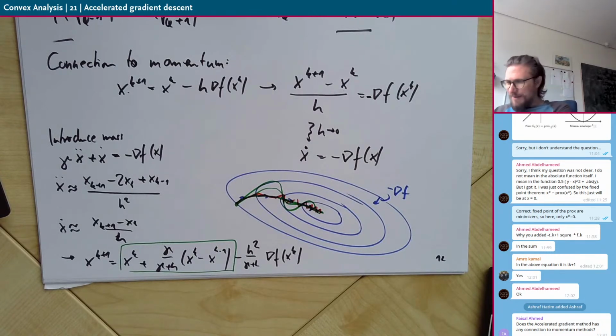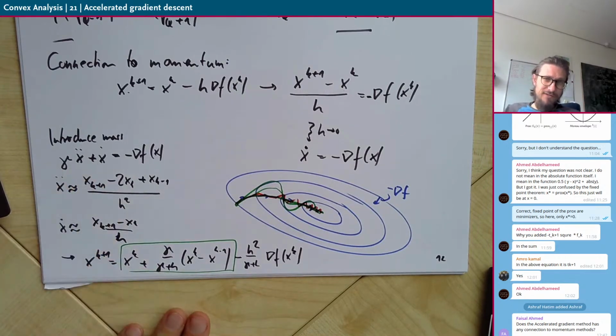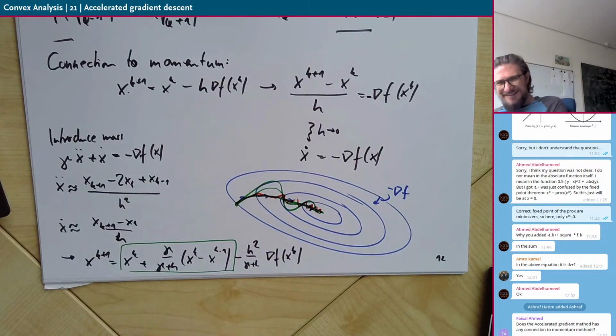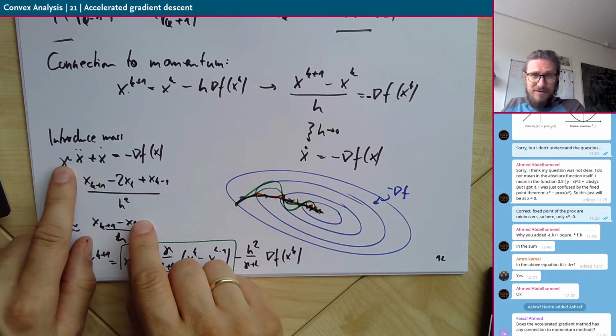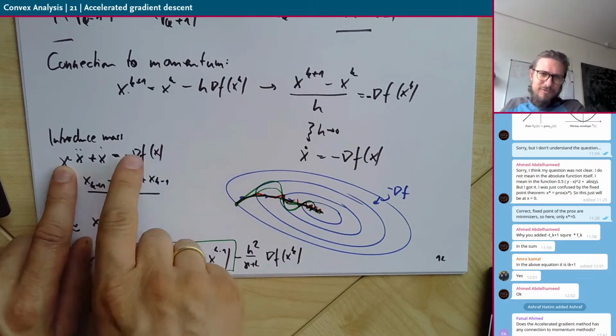Good point, and we had the time to discuss this momentum thing here. Of course, you may think, well, if you went from first to second derivatives, why not go on to third or fourth derivatives? Actually, if I remember the Polyak paper correctly, he does that already, back in the 60s. He tried to work with nth order differential equations, but comes to the conclusion that it doesn't get any better.